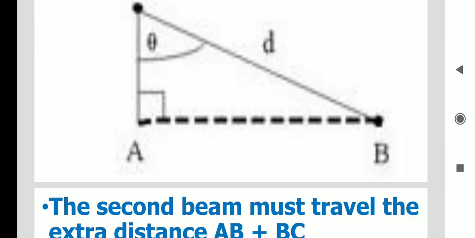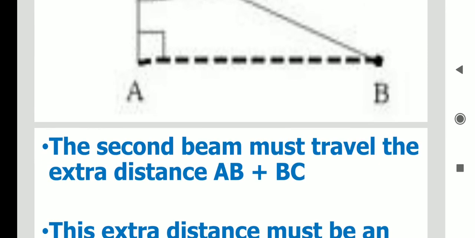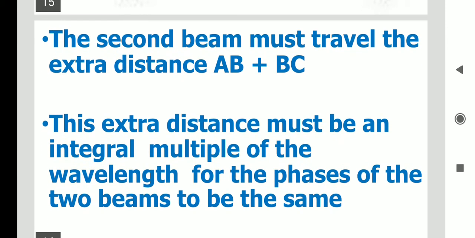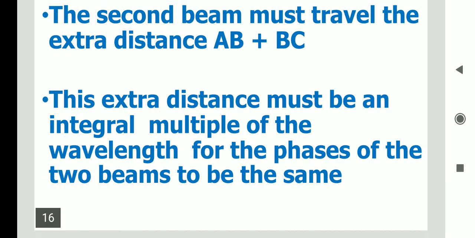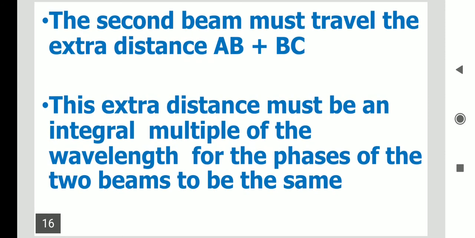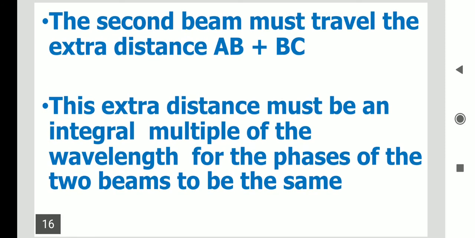From the triangle ABZ, the beam travels from A to B, B to C. So it is considered AB plus BC, the summation of the AB and BC path, which is equal to an integral multiple of the wavelength. Integral multiple means an integer multiple, that is n lambda.